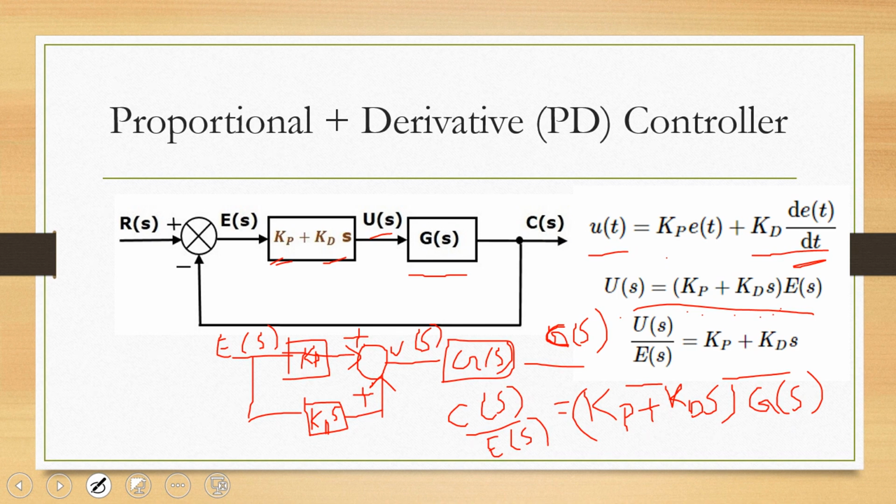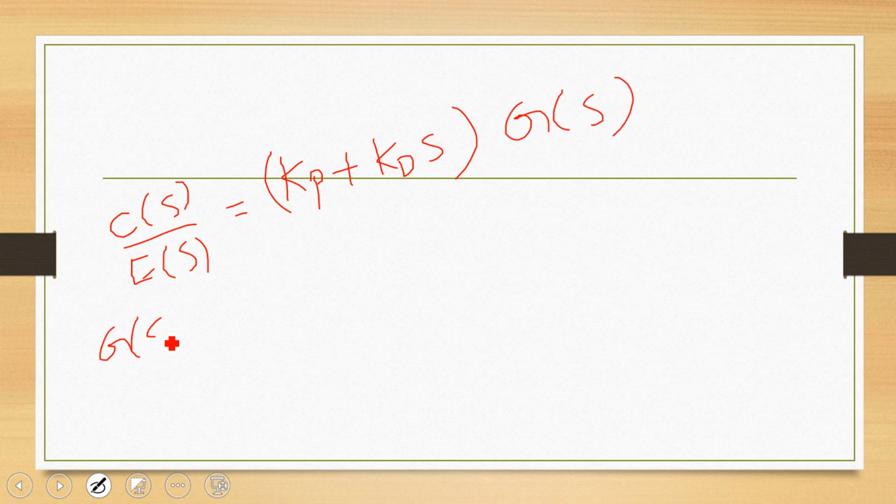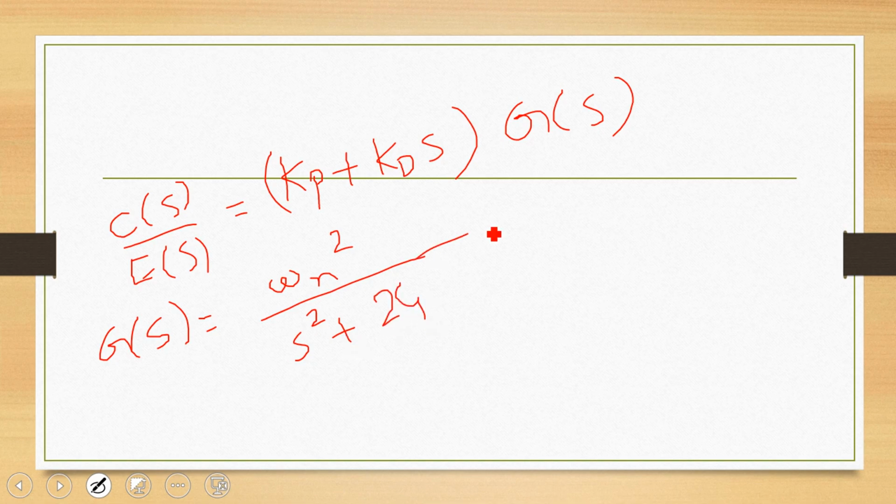So G of S, if we consider a second order system, then say we have C of S by E of S is equal to Kp plus Kd into S into G of S. We consider G of S as a second order system with the transfer function omega n square divided by S square plus 2 zeta omega n into S. Now substitute it here.